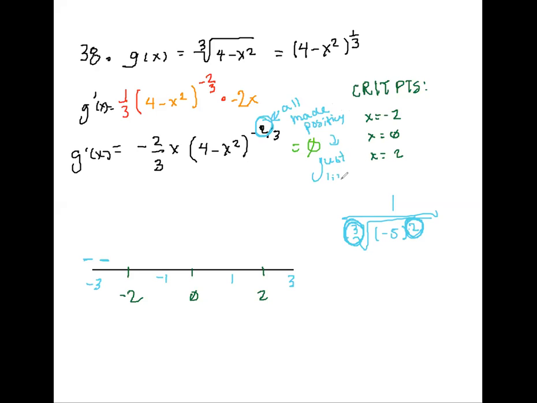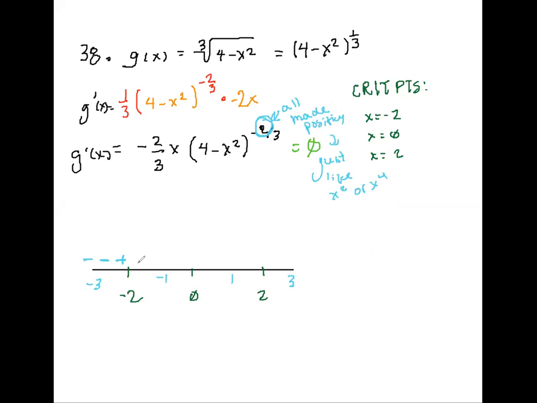Just like x squared, right? Everybody okay with that? Or x to the 4th. Awesome. Okay, so that means that this is going to be positive.